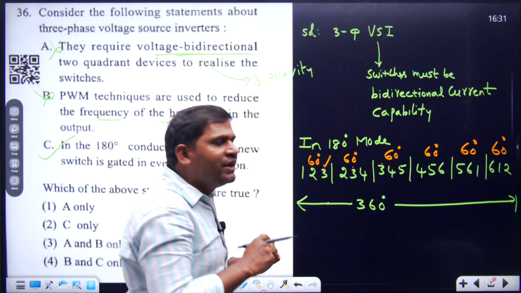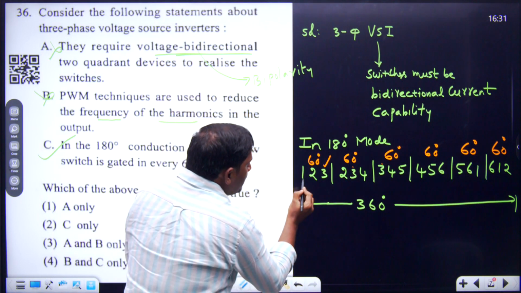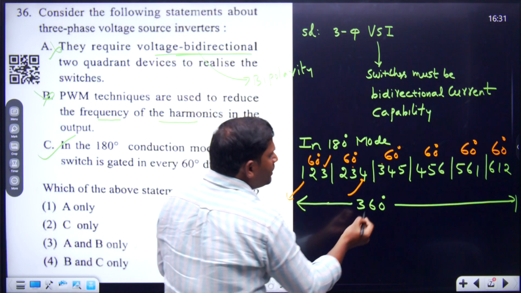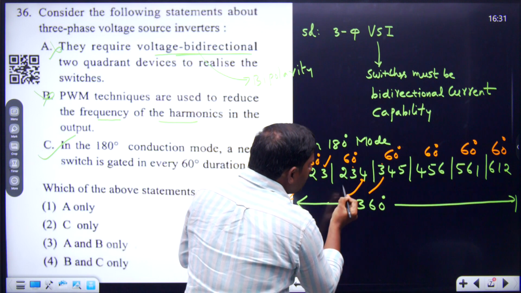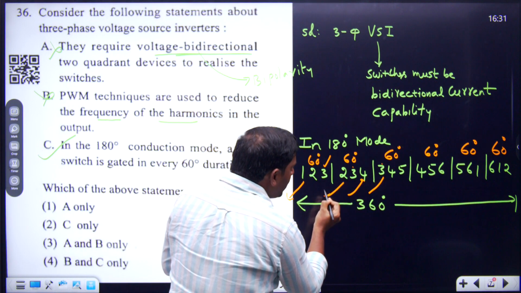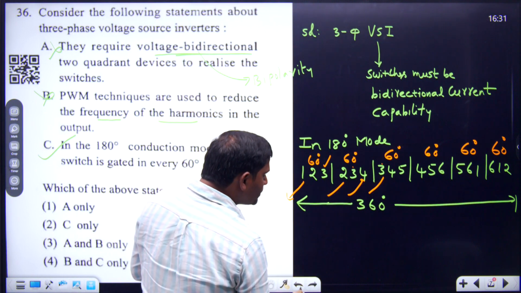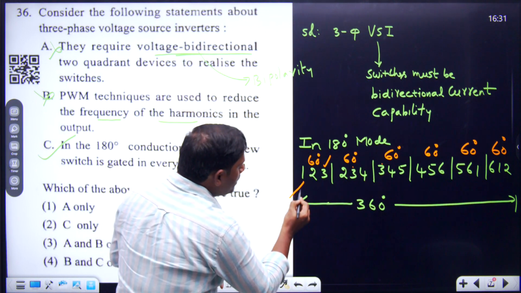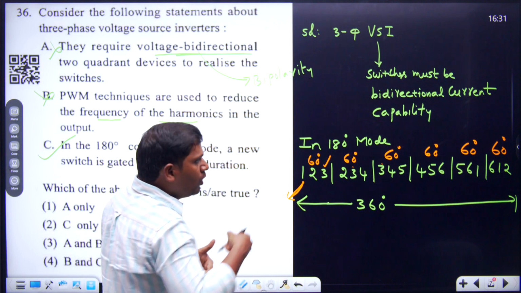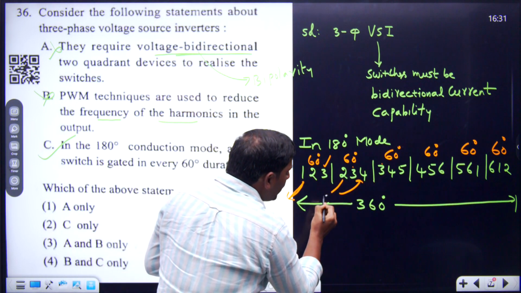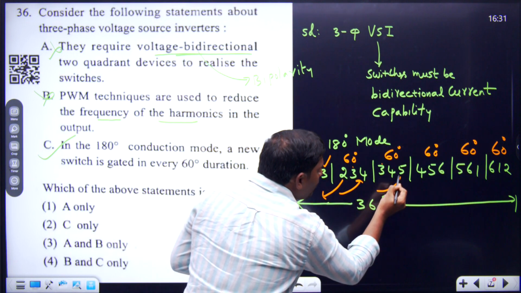But one more observation here, it is very important. Here 1 is going to turn off and 4 is coming. Next, 2 is going to turn off and 5 is coming. Concentrate.